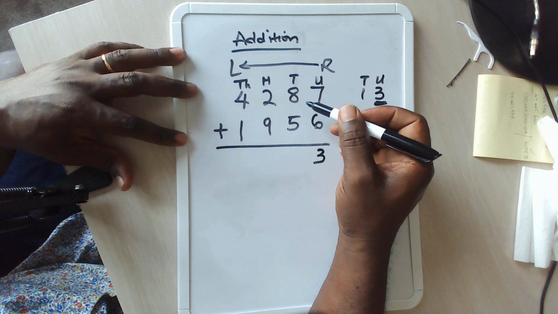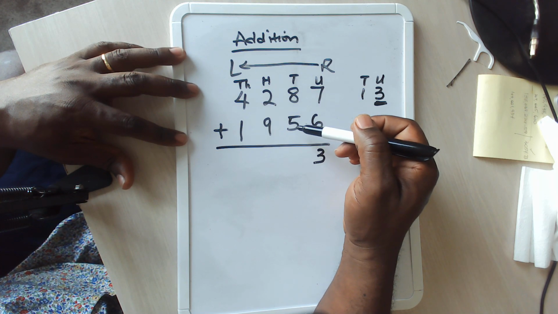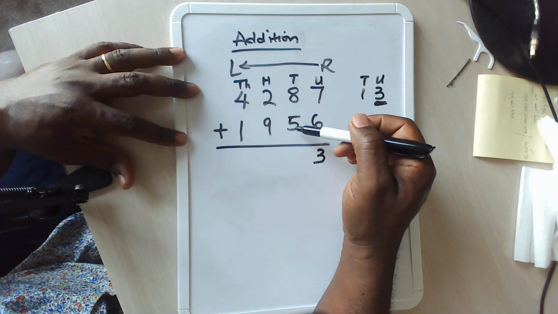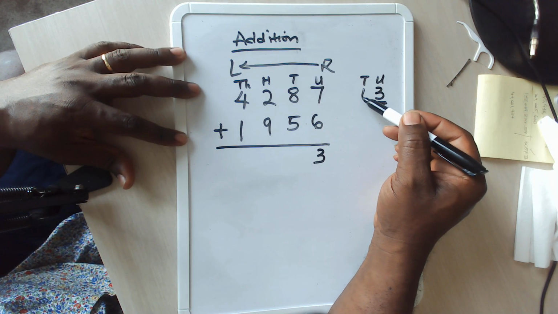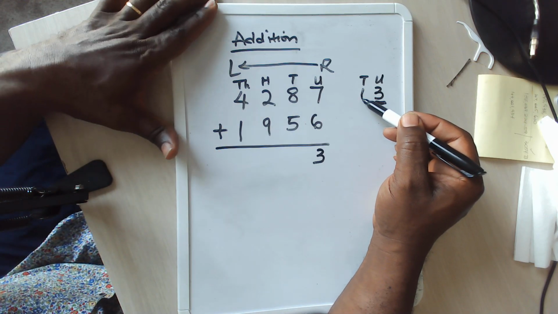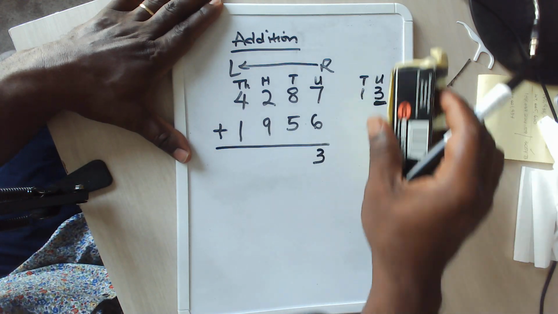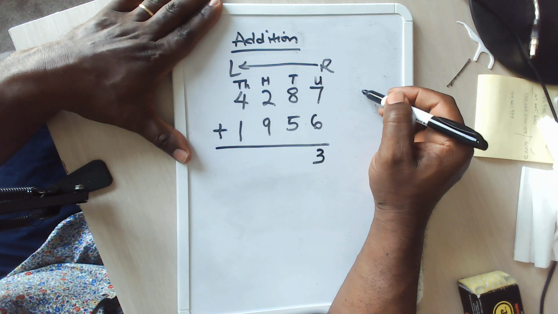So if you add the column of 10, if you add 8 plus 5, that will give you 13. Then plus the one that is carried over, that will be 14. Then I want us again to write that 14.